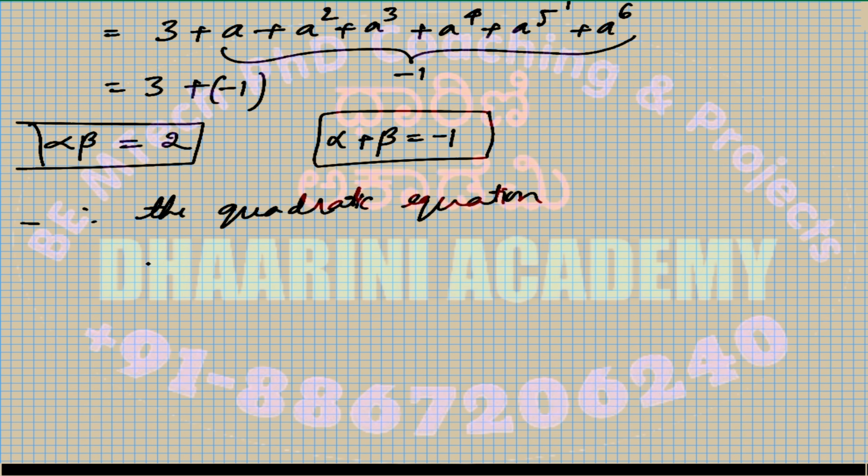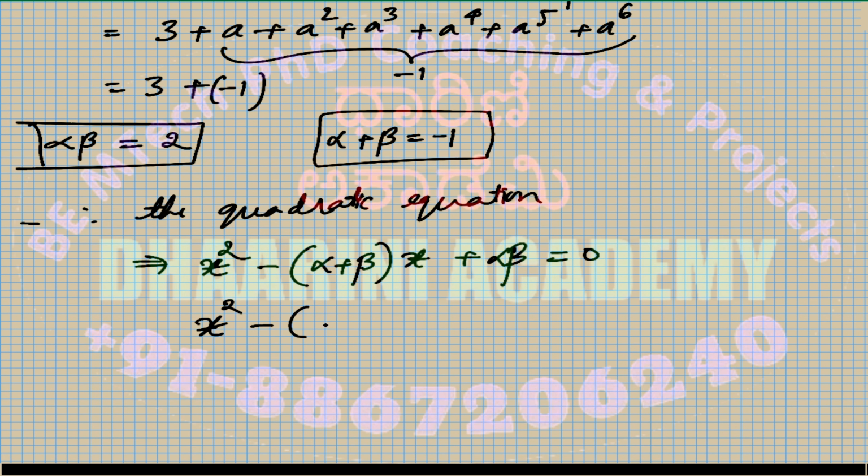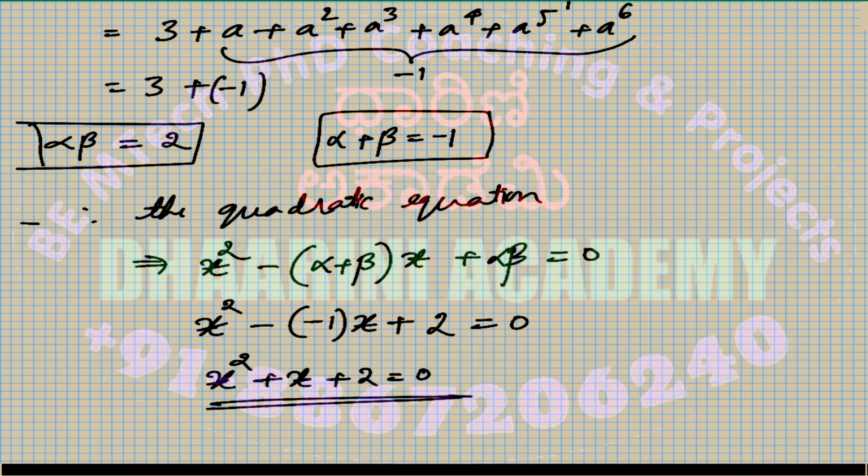That is given by x square minus alpha plus beta times x plus alpha beta equals 0. So replace the values: x square minus, alpha plus beta is minus 1, times x plus alpha into beta is 2 equals 0. So therefore my final answer, x square plus x plus 2 equal to 0, is the required quadratic equation.